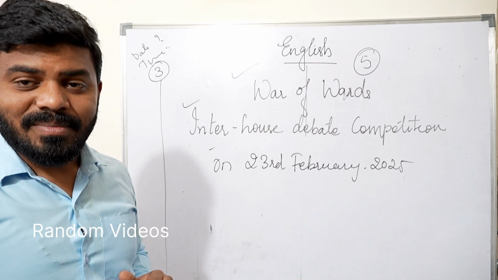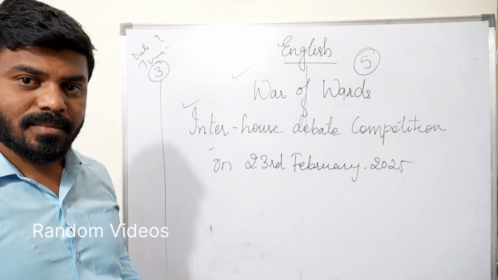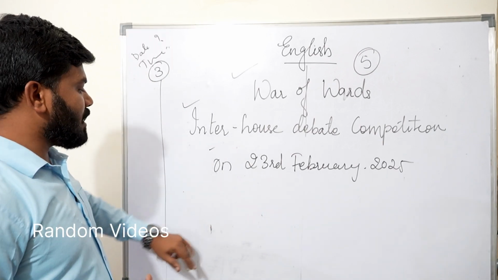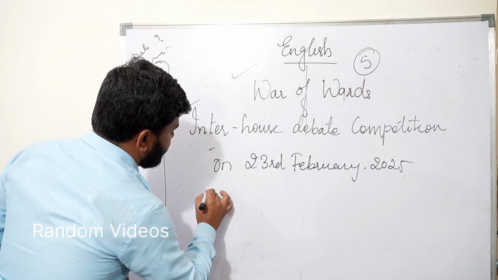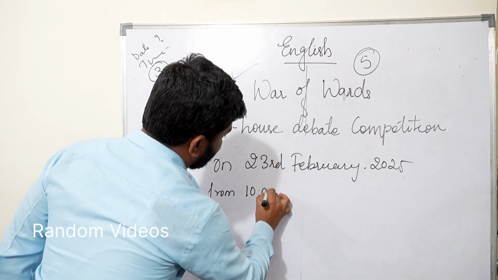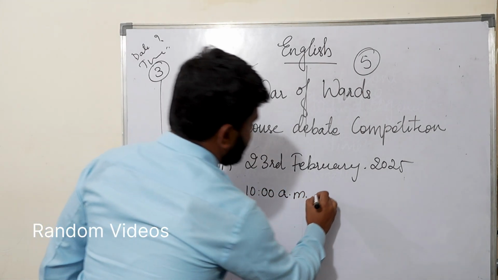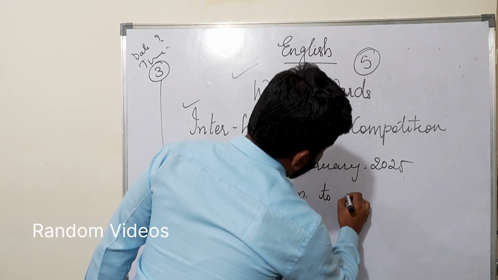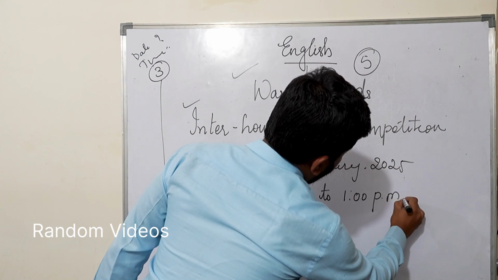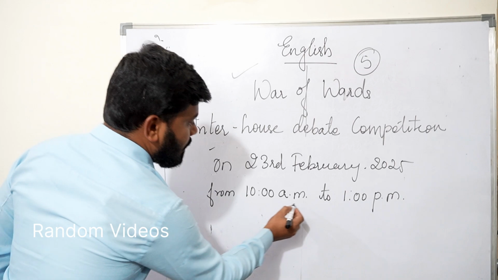When you write time, see to it that you always write the timing. You must write the timing. So the timing is around, let's say, from 10 a.m. to 1 p.m. Look at this clearly.